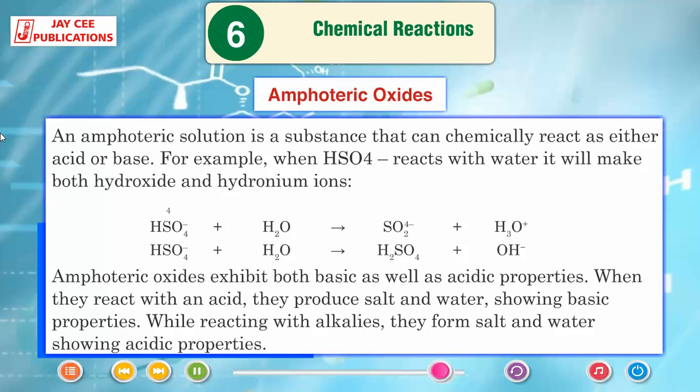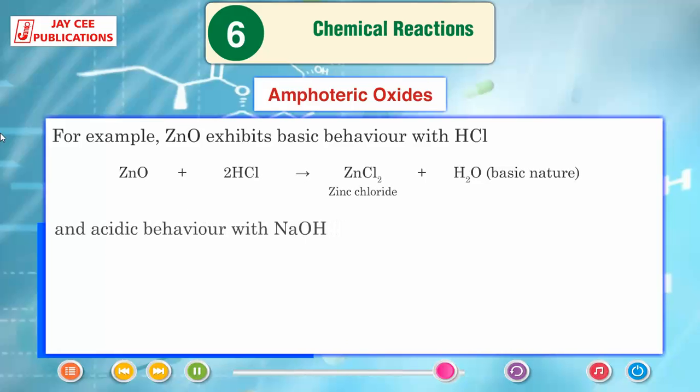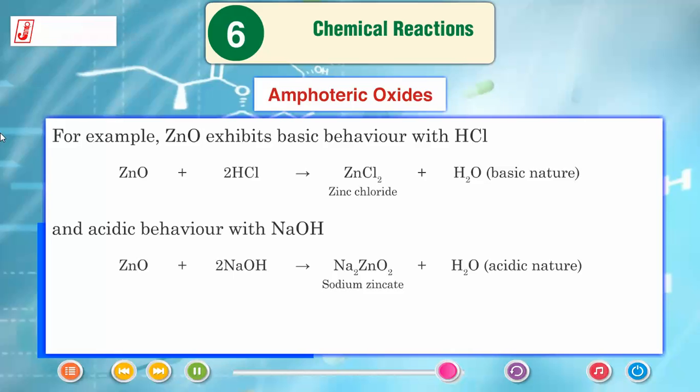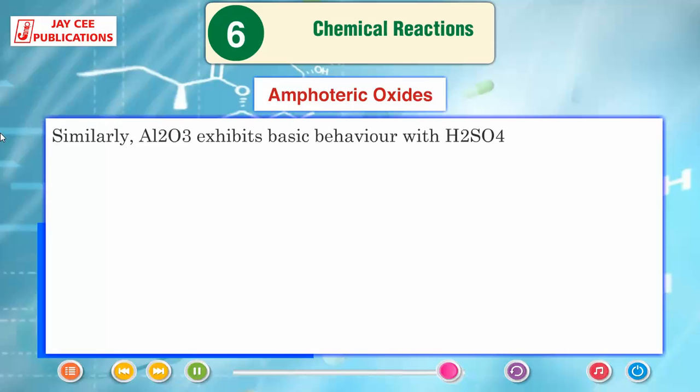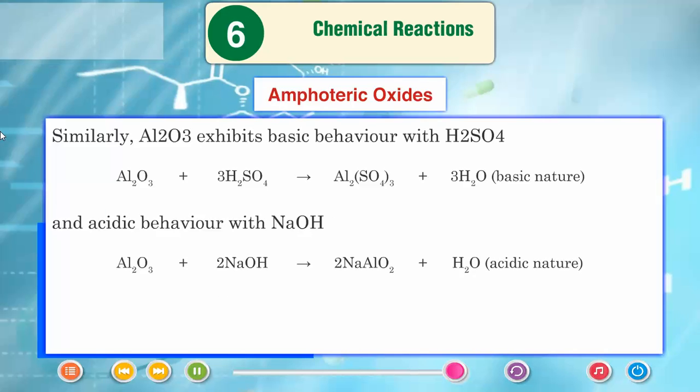When reacting with alkalis, they form salt and water, showing acidic properties. For example, ZnO exhibits basic behavior with HCl and acidic behavior with NaOH. Similarly, Al2O3 exhibits basic behavior with H2SO4 and acidic behavior with NaOH.